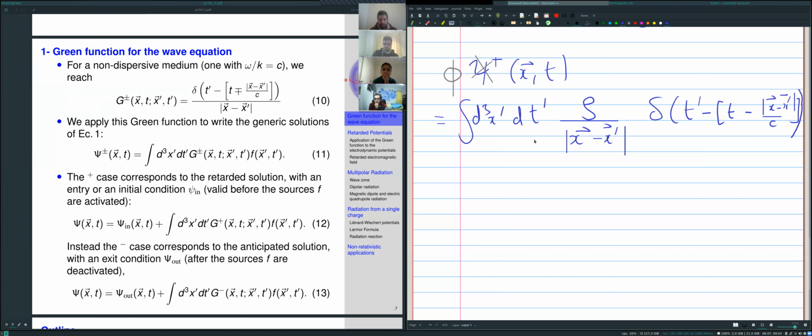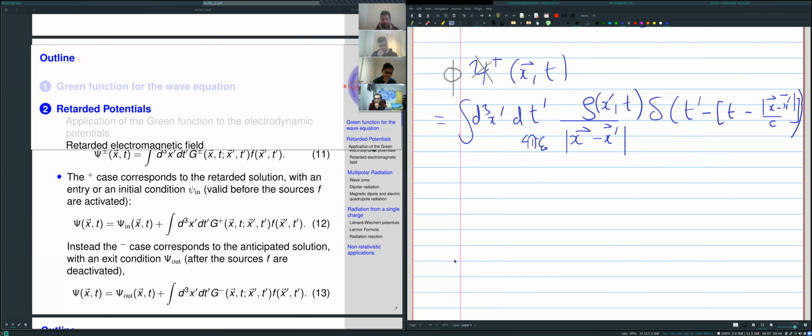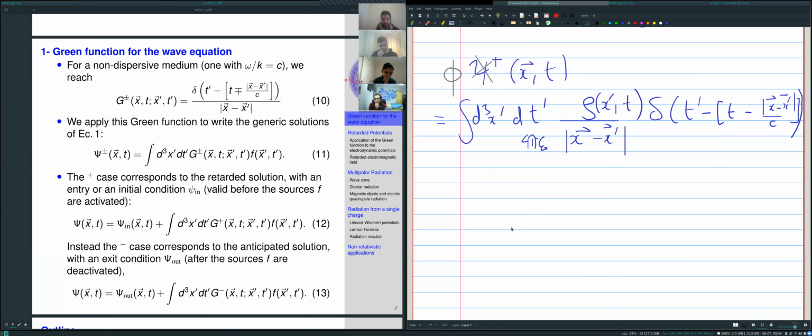It might be with a 4 pi in the denominator. And this is the source function in the primes. I'm particularizing to the case where psi is the electric field, just to focus ideas.